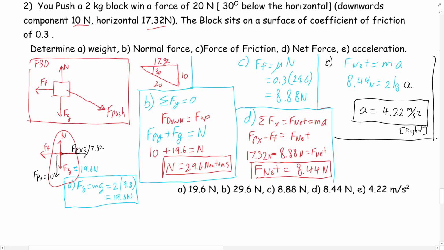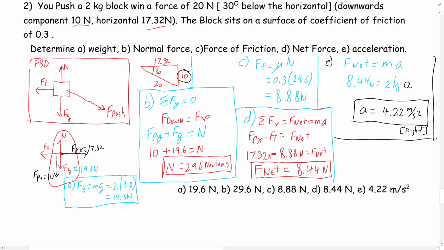Yay! That's how you do it. Now, this is increasing the normal force because we were pushing down. What happens if we actually pulled up? Then this 10 would be up. And if that 10 is up instead of down, then the normal force is going to be less, because it'll be normal plus 10 up is equal to the force of gravity, because this arrow would be up.